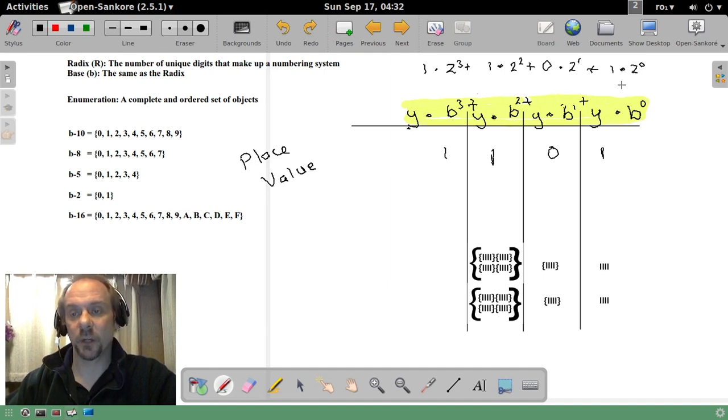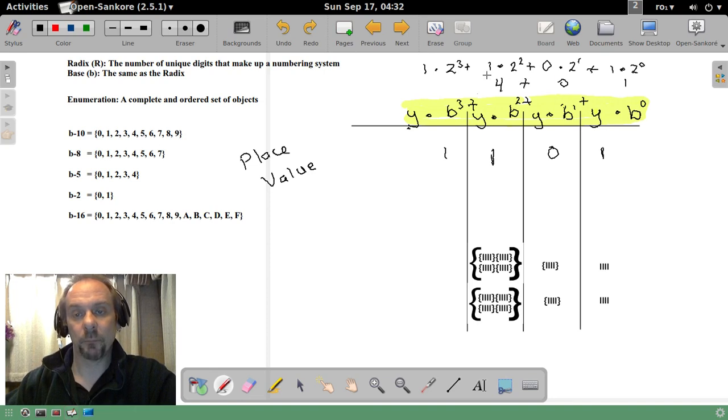So when we fill this in, we have 1 here, 0 here, because 0 times anything is 0. 2 to the 0 is 1, 1 times 1 is 1. 2 to the first is 2, 0 times 2 is 0. 2 to the second is 4, 1 times 4 is 4.